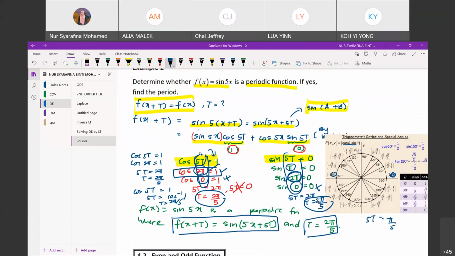But what if we can choose pi? So when T equals pi over 5 and T equals 2 pi over 5, this is the smallest, right? So we need to choose this. But for this case, no, cannot. If we have more than one value of period, we need to choose the smallest one. Is that clear?